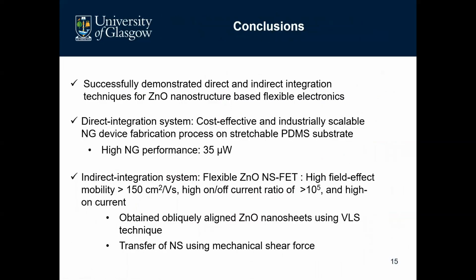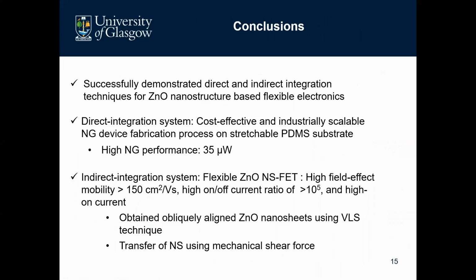To conclude, what we have shown in this work is that zinc oxide nanostructures can be used for printed electronics, for flexible electronics. We have demonstrated two different approaches: direct and indirect integration of zinc oxide nanostructures for flexible electronics.